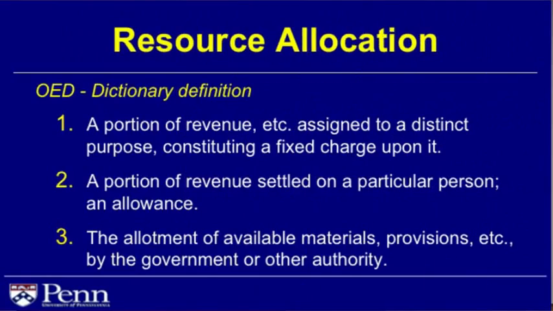Resource allocation. The Oxford English Dictionary defines resource allocation as a portion of revenue or other item assigned to a distinct purpose constituting a fixed charge upon it. A portion of revenue settled on a particular person, some kind of allowance, or the allotment of available materials, provisions by the government or some other authority into different buckets.